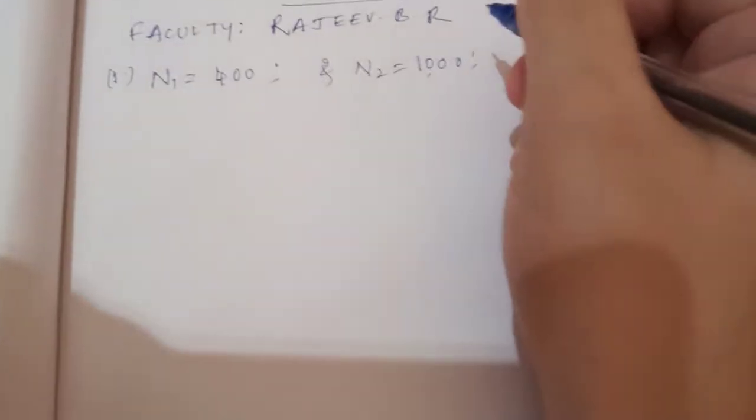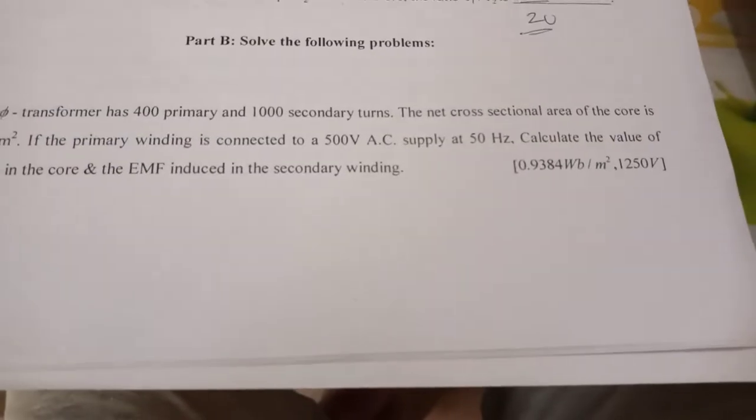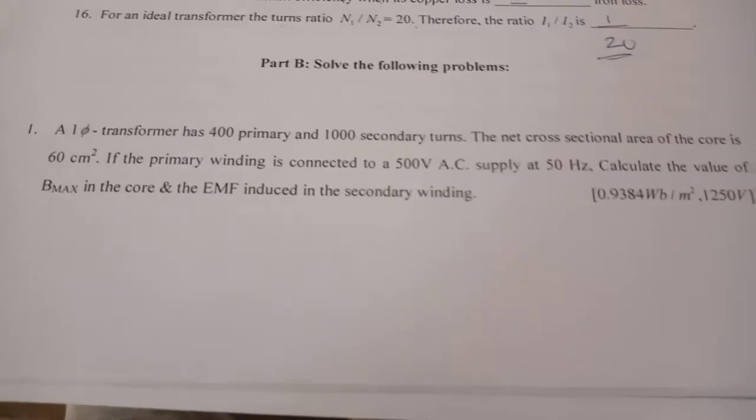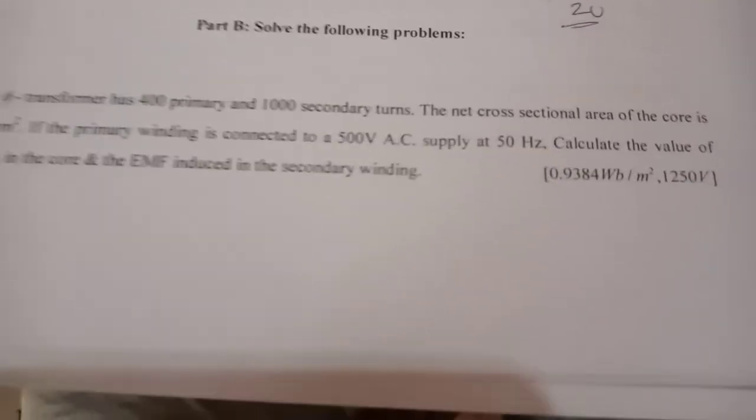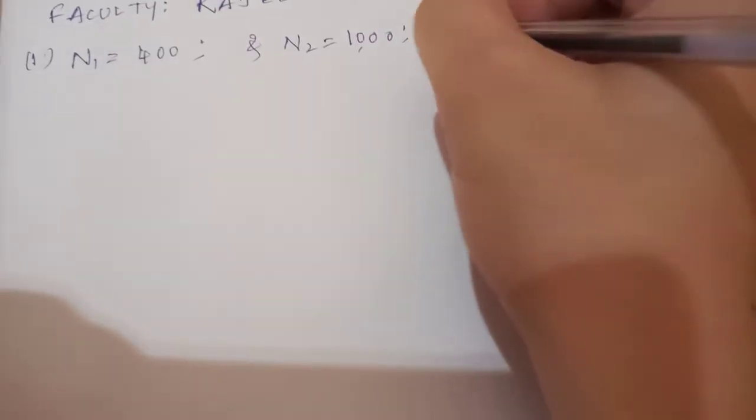Next, the net cross sectional area of the core is 60 centimeter square. So let us say A is equal to 60 centimeter square.